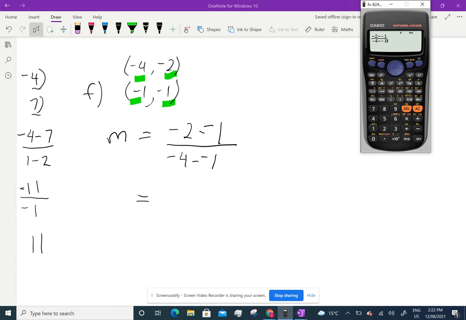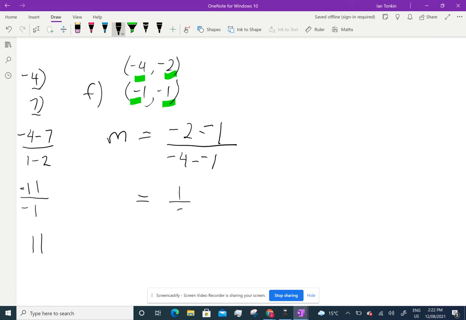Please use your calculator. You get a third. Wow, how easy. If I was doing it in my head, I would have got -2 minus -1, that's plus, so it's going to be -1. Then -4 minus -1 gives me -3, and the negatives will cancel, which gives me 1 over 3. But please, please, please, just use your calculator.